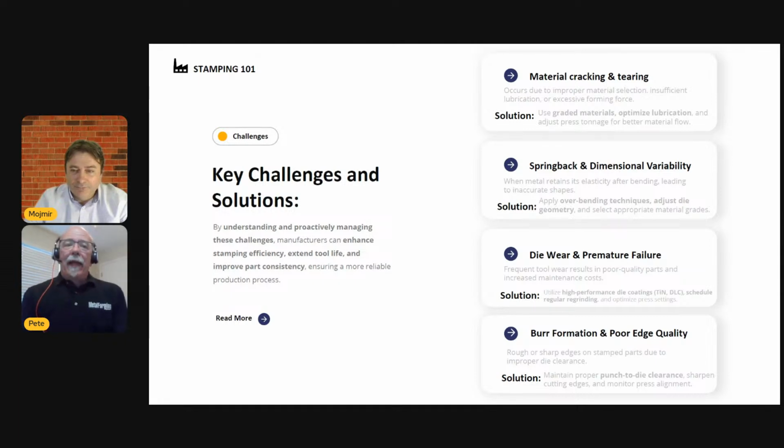Okay. Yeah, some key challenges: material cracking and tearing. This could be a material-based problem. Could be lubrication issues, especially if you start running jobs faster.